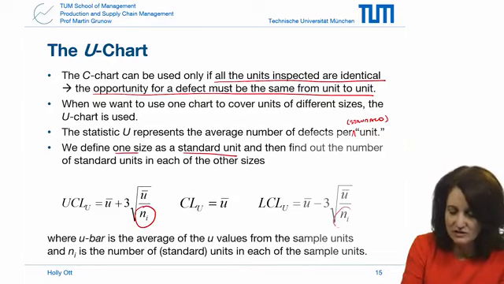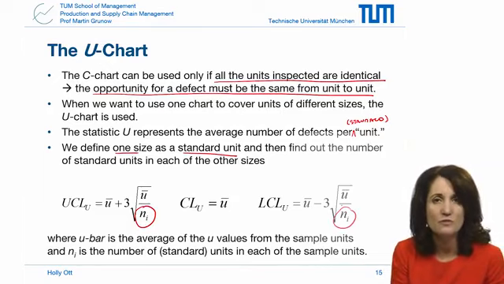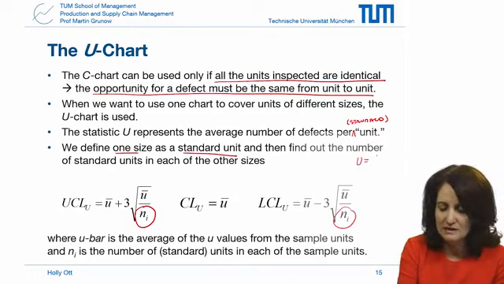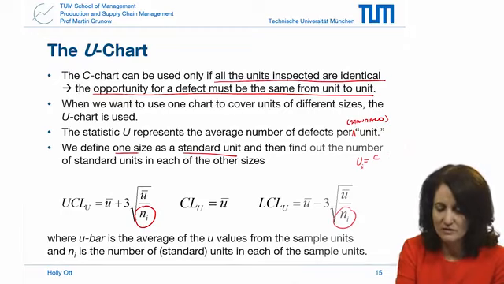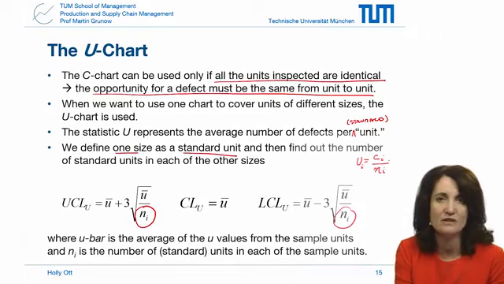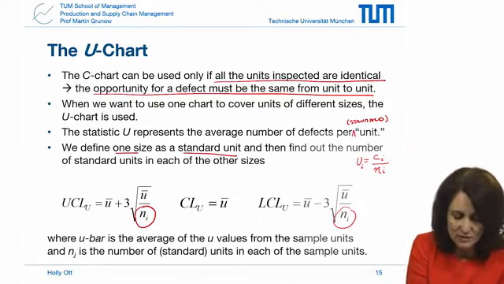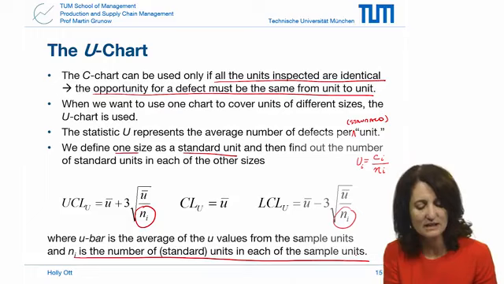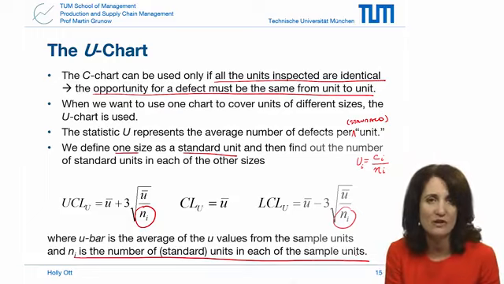First of all, U, our statistic, is going to be equal to the C value, the count of defects for one unit, divided by N for that unit, where N is the number of standard units in each of the sample units. So it's not the sample size here, it's this transforming factor.